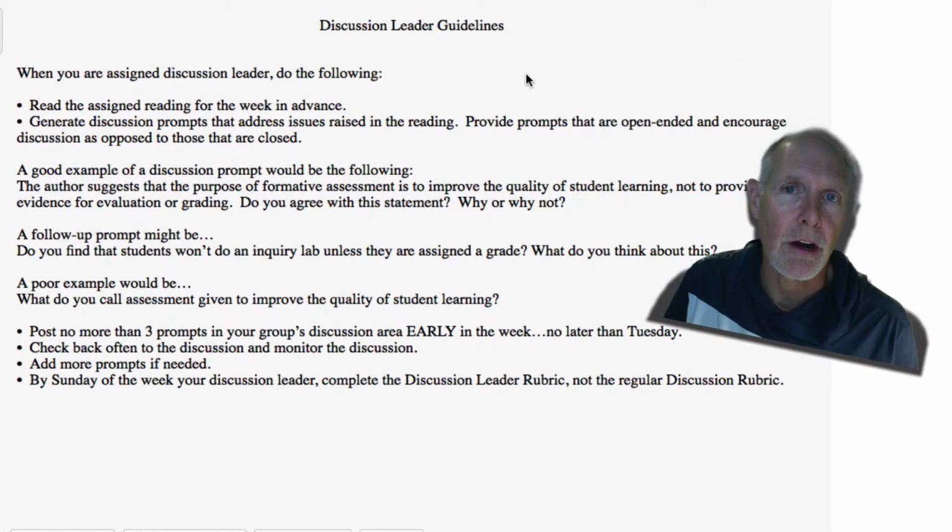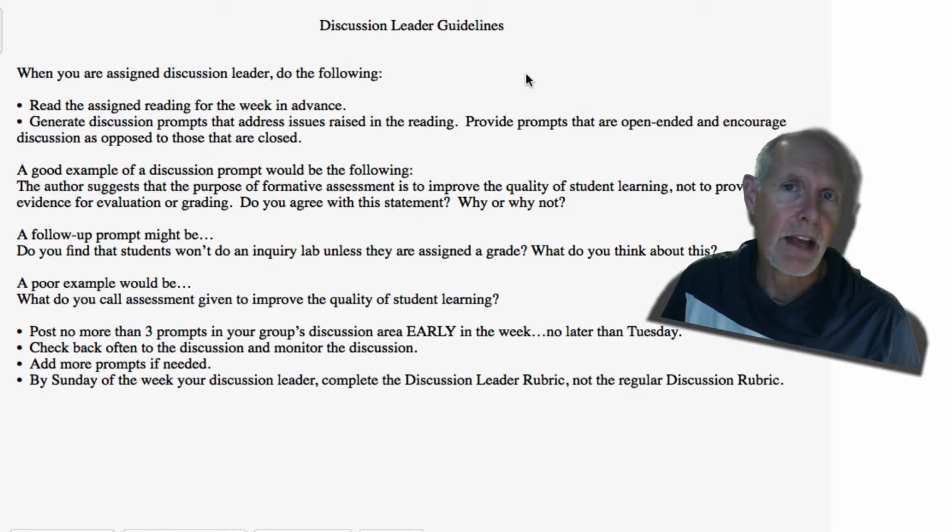When the students read the discussion leader guidelines, they see that there are some hints as to how to post those prompts, how to write the prompts. So they're encouraged to read the assigned readings ahead of time, to generate those discussion prompts based on the readings.